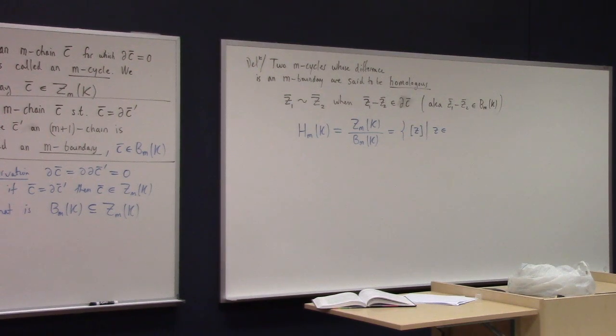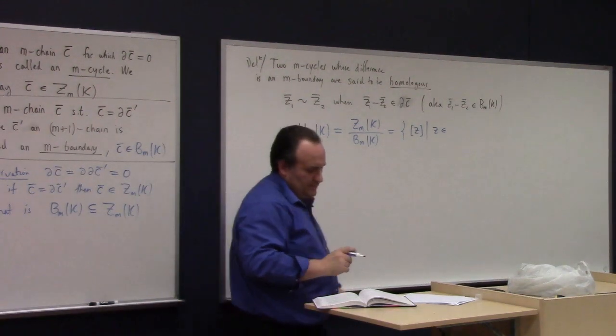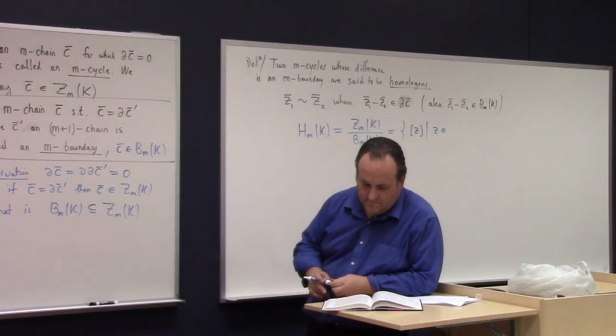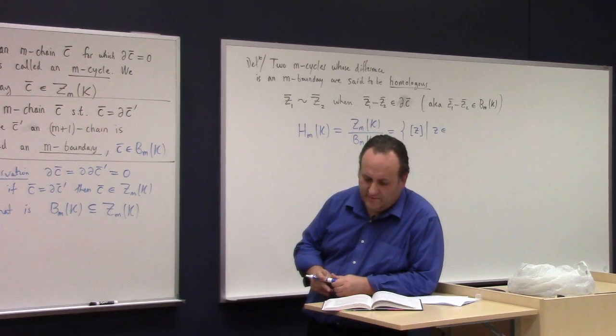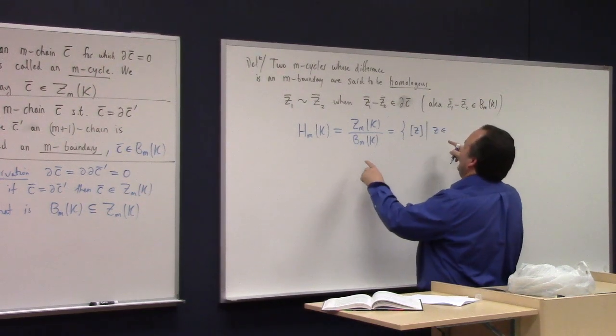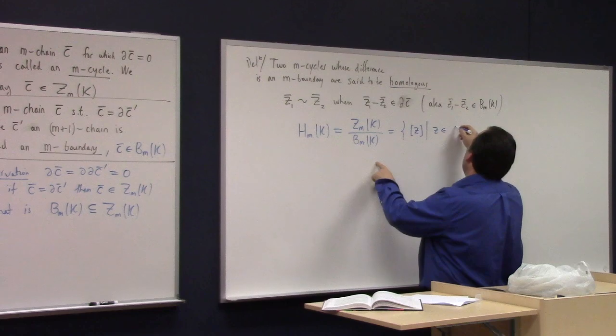C_M(K) is a set of formal linear M-chains. Oh, I'm sorry, cycle means that the boundary is 0. I've got to be careful; a chain does not. I just like to say cycle. So Z is an M-chain, and so Z lives in C_M(K).